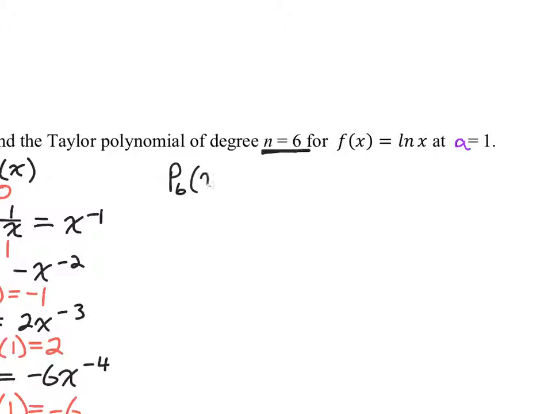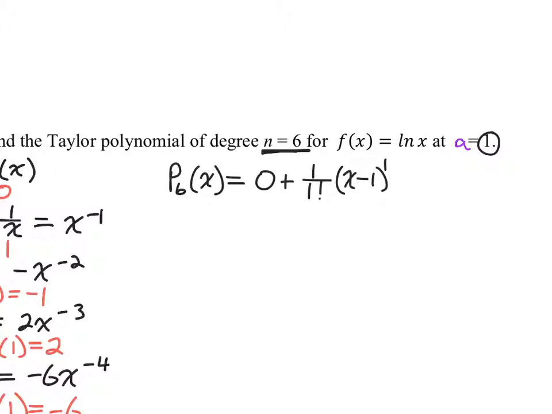P sub 6 of x. So our first one was 0 plus 1 over 1 factorial times x minus 1, because it's centered at 1, to the first power. You can put the little power there if you want.